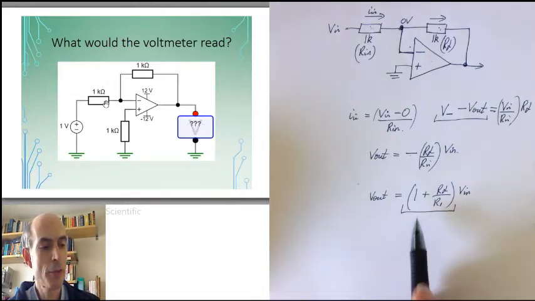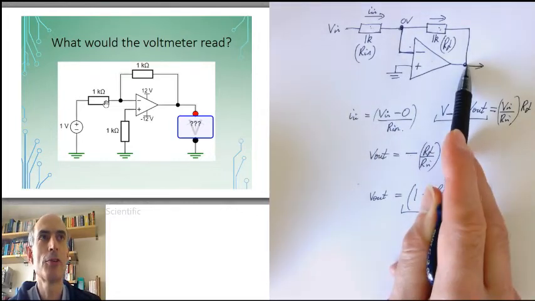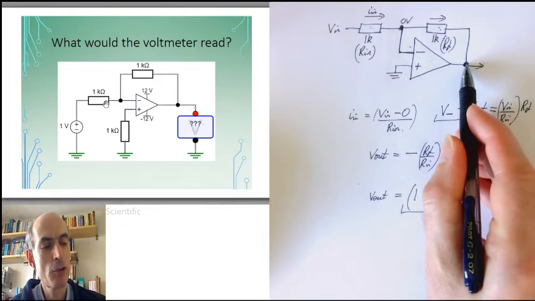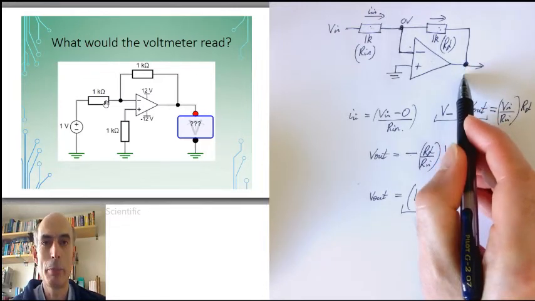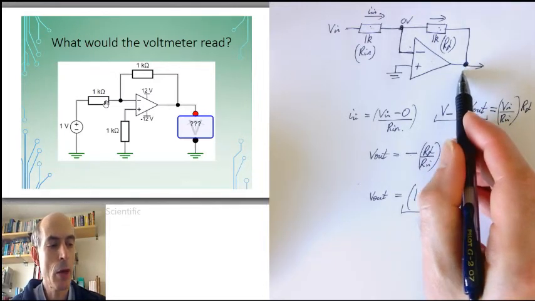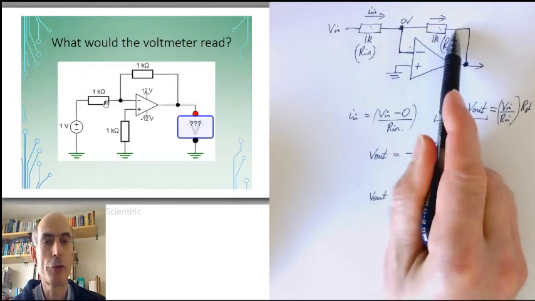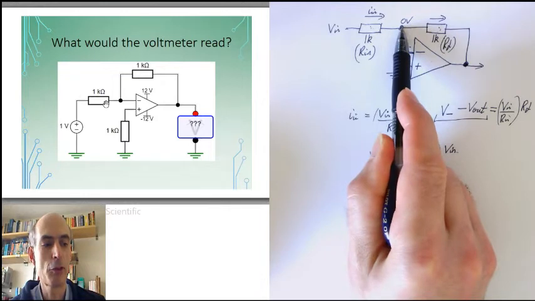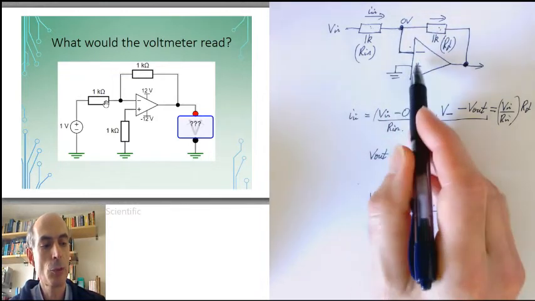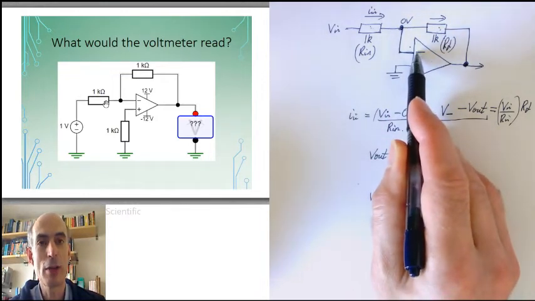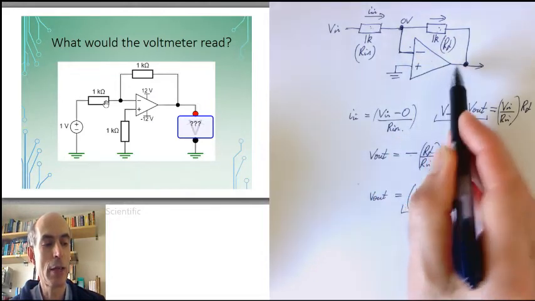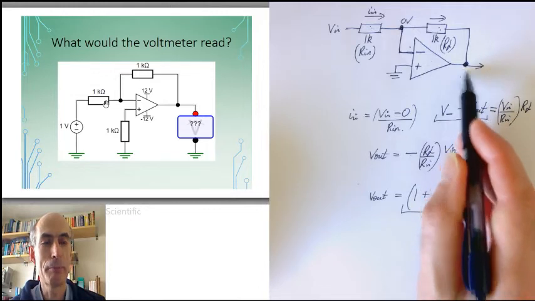We can see that this equilibrium result is stable because if the output here ever went slightly below its equilibrium value, then that would cause more current to flow through this feedback resistor, which would reduce the voltage at this point here, and that would reduce the voltage at the inverting input, but that would act to increase the output voltage to compensate.